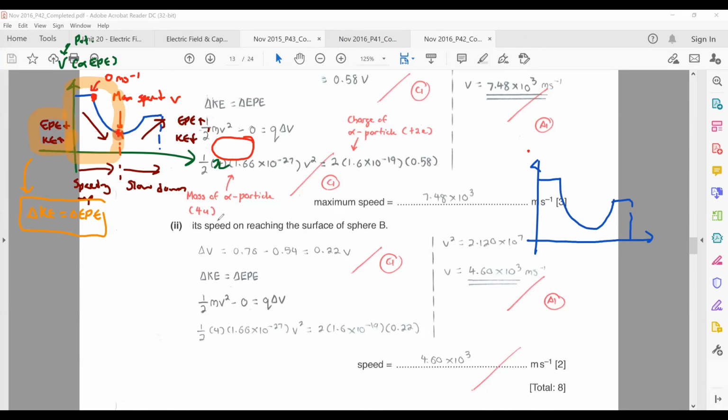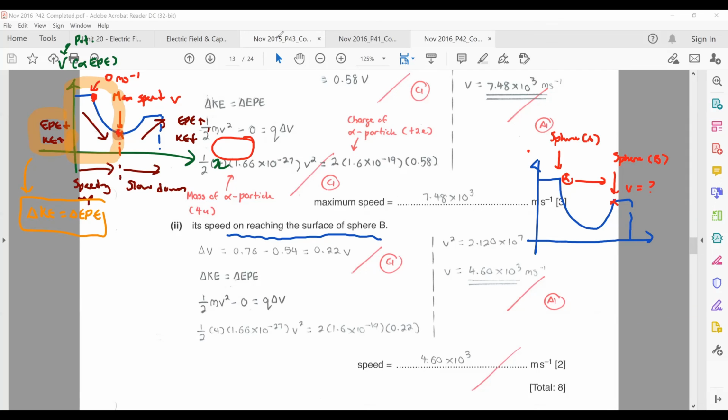Now they want you to find the speed on reaching the surface of sphere B. This one was basically sphere A just now. This one is your sphere B. They want to find out what is the speed here when your alpha particle was launched from here to here. What is the speed on reaching the surface of sphere B?